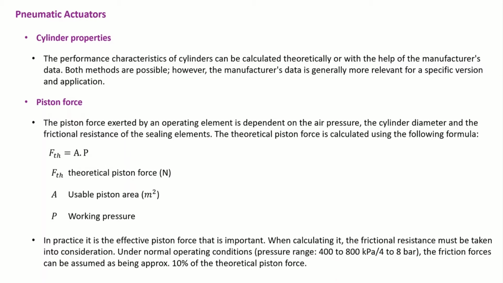Without considering the friction which is happening there, we are calculating an incorrect value of force. Under normal operating conditions, the pressure range is about 400 to 800 kilopascal. So the friction force can be assumed to be about 10% of the theoretical force that we can usually calculate based on the equation that we have here.